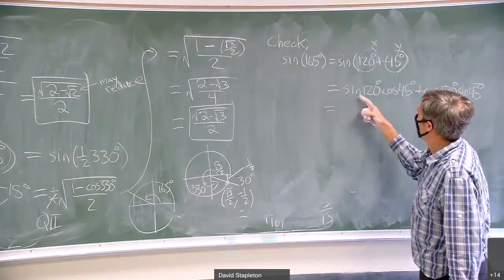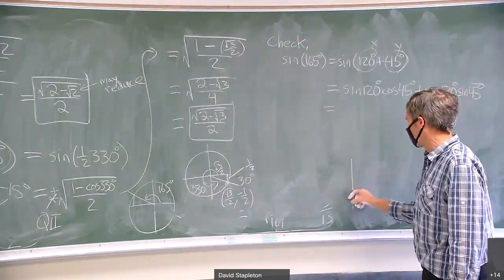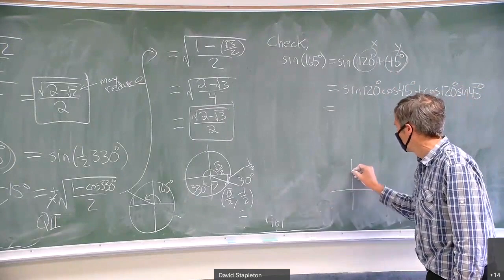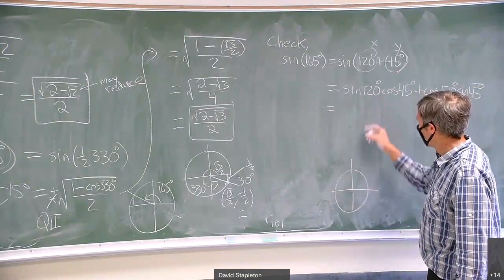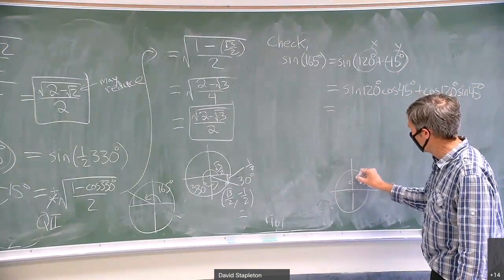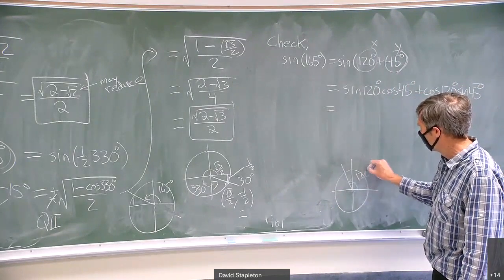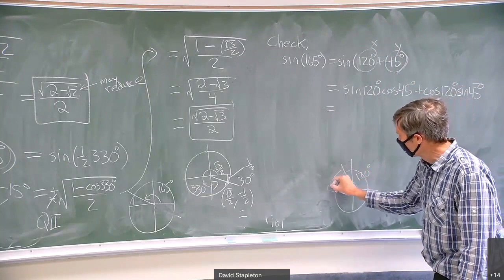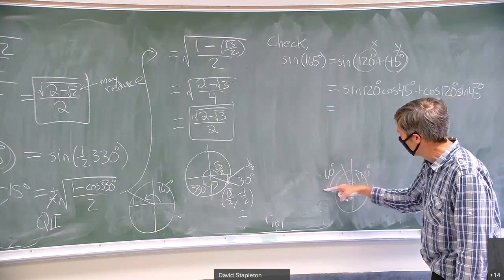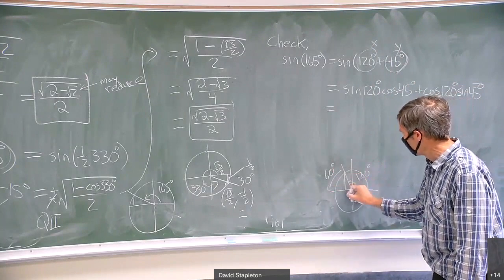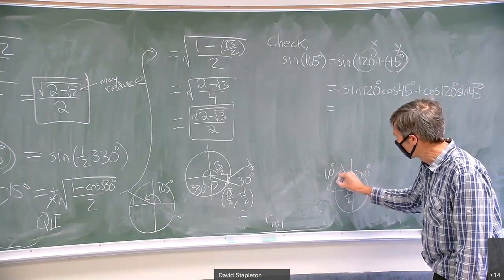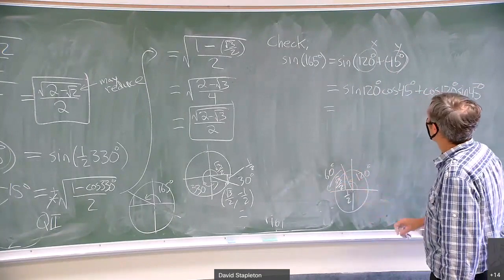And then for non-acute angles, you have to go to the unit circle. Draw 120 degrees, about like that, 30 degrees past this point. That leaves 60 degrees over here to make a straight angle. I drop the perpendicular. This is a half. This is square root 3 over 2.